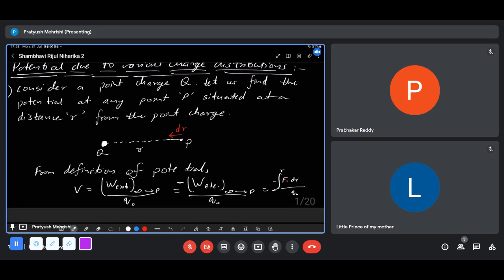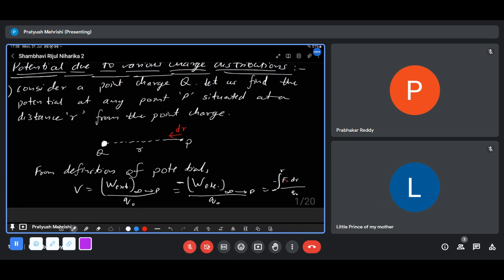Consider a point charge capital Q. Let us find the potential at any point P situated at a distance small r from the point charge. Now how to calculate that? From the definition of potential, what is the potential at point P?